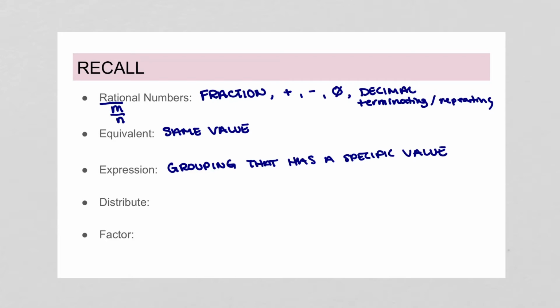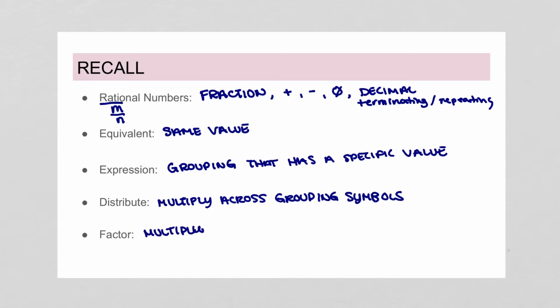We remember that when we distribute, that really means that we are multiplying across some grouping symbols like those parentheses. We discussed that on the lesson with the distributive property. And what are factors? Well, factors are what we multiply together to get a product, right?